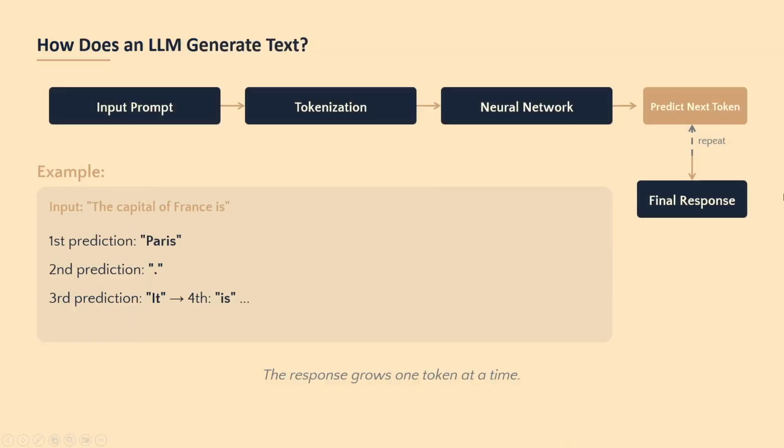Now, how does it generate text? We have the input prompt. Inside the LLM, it tokenizes, in the sense it splits the input into different components. So for our eyes, maybe a word is a token, but a punctuation mark or a comma or some other aspect also can be a token in a statement.